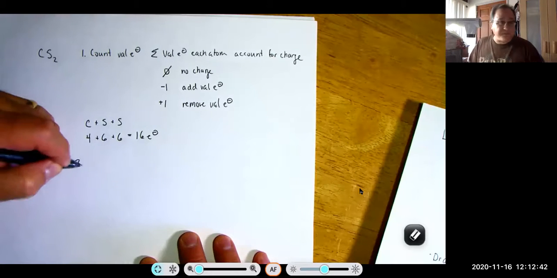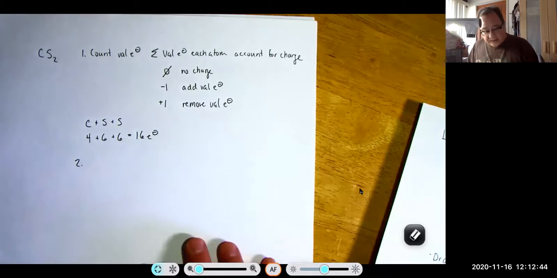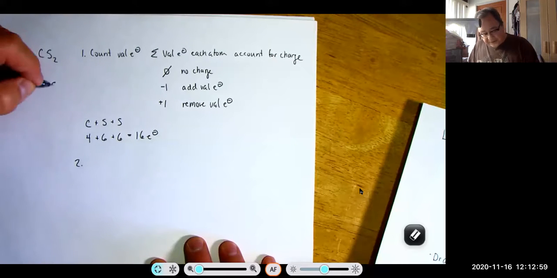The second thing you do is you pick the central atom. And here, carbon tends to make 4 bonds and sulfur tends to make 2 bonds. And the reason you know this is because carbon has 4 valence electrons because it's in group 4A, and sulfur has 6 valence electrons because it's in 6A.